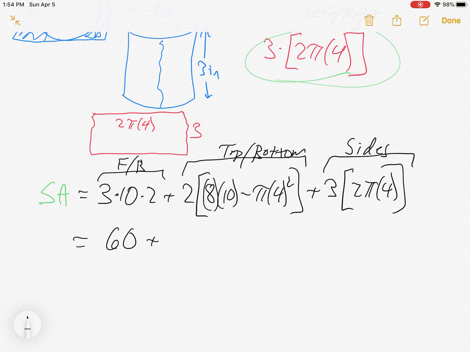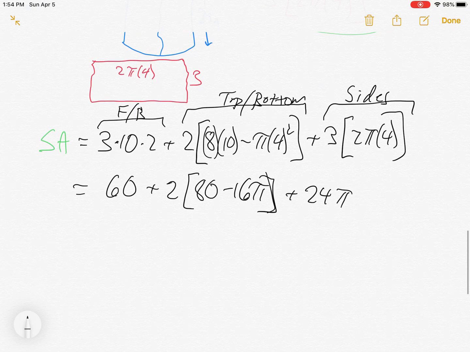Front, back, okay. So this becomes 60. This becomes 2 times 80 minus 16 pi. And this becomes plus 24 pi.